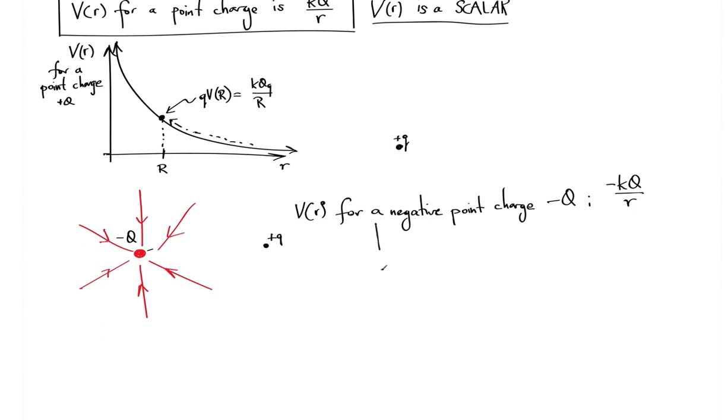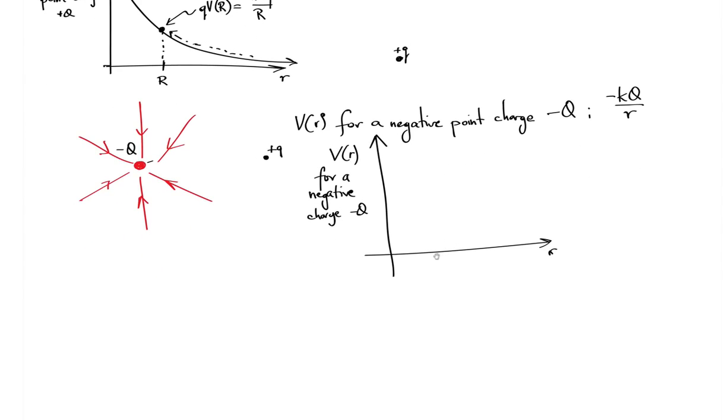So again, if I'm going to make the graph for the negative point charge, actually what I'll want to do is continue it down here. It's going to look like this plot here, but just flipped, like that, right? So it'll be diverging as we get close to Q equals 0.